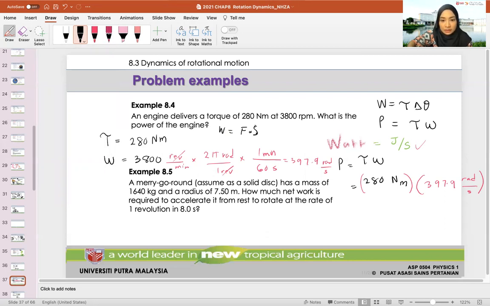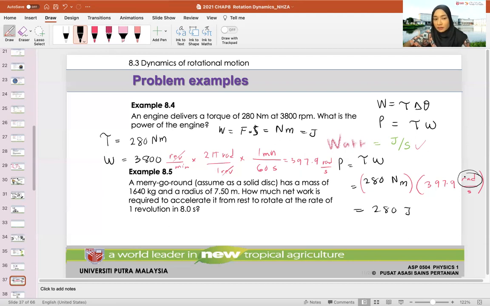What is the unit for force and displacement? Force is Newton, and Newton meter. It is also equal to joules. So this is already joules, 280 joules, and you multiply it with 397.9 radians per second.